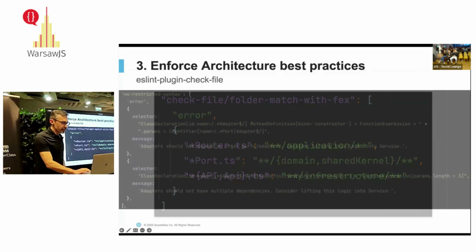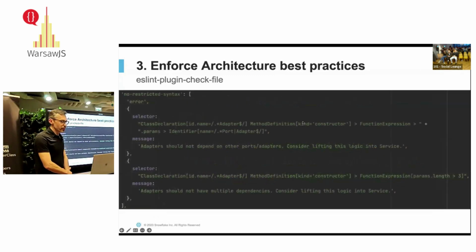So the next rule that we use for enforcing architecture practices was about not allowing to create constructors with too many parameters. So here we are actually using AST selectors to restrict that.